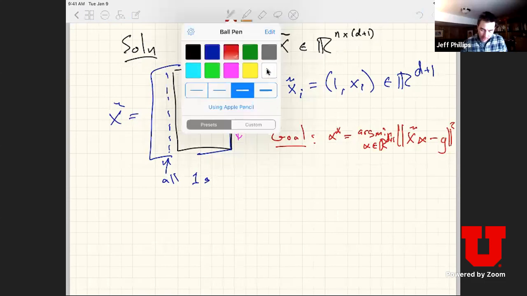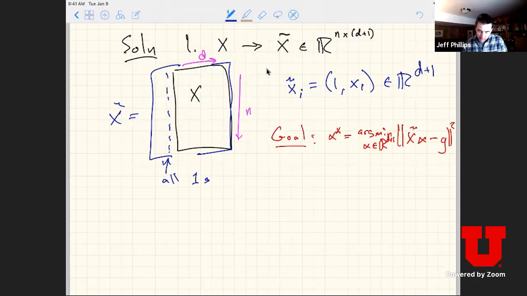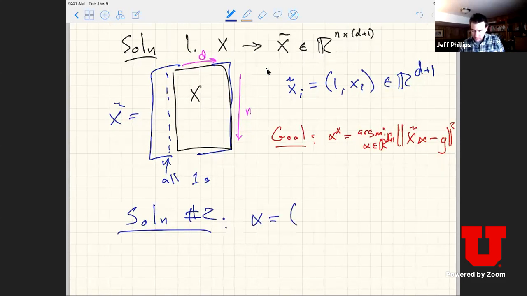Okay, now we can say there's a solution. Solution step number 2 is that I'm just going to set alpha equal to, and I'll write this out explicitly with tilde, x tilde transpose x tilde, take this as an inverse, x tilde transpose times y.